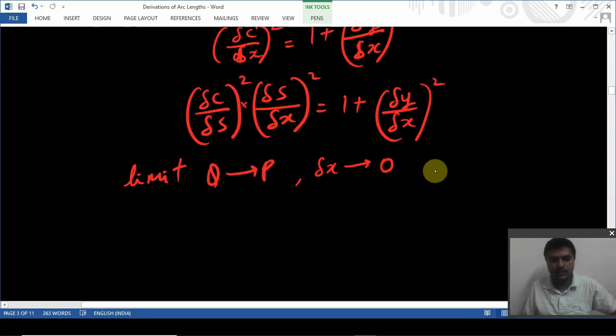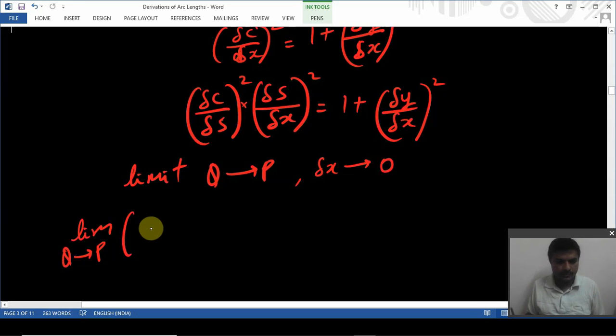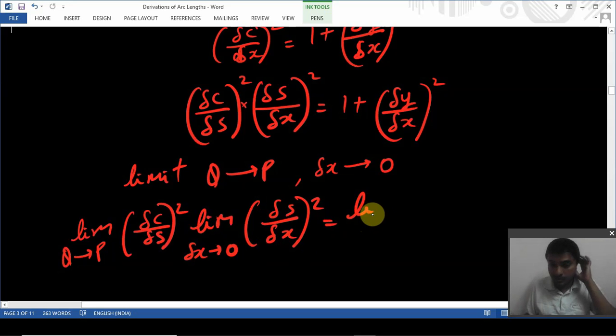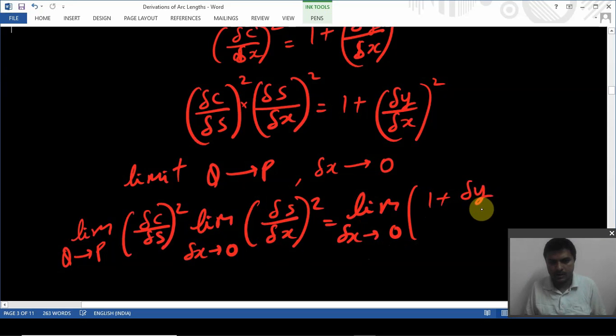So now I will take the limits. Limit as q tending to p of delta c divided by delta s the whole square, limit as delta x tending to 0 of delta s divided by delta x the whole square, is equal to limit as delta x tending to 0 of 1 plus delta y divided by delta x the whole square.